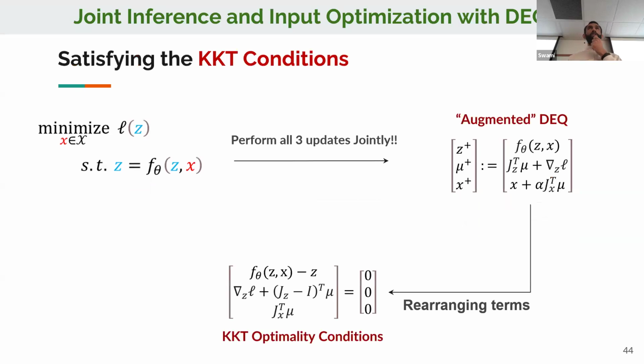In fact, if you just rearrange the terms slightly, what we find is that we essentially get back the KKT optimality conditions for the original optimization problem that we had earlier. And what this suggests is that if you manage to converge on your fixed point iteration, you're likely to reach a point which is going to be the optimum for the optimization problem that we defined earlier.